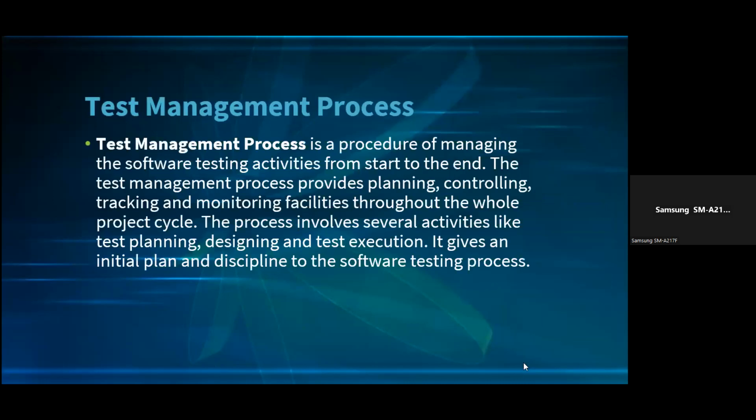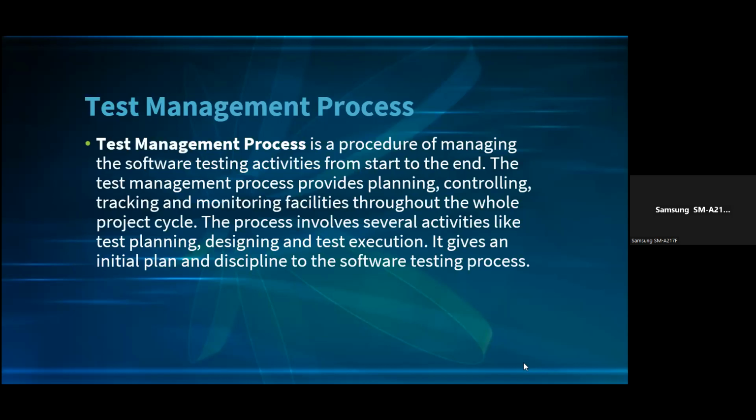So that takes us to test management process. What is test management process? Test management process is a procedure of managing the software testing activity from start to end. So from the beginning to the end, we want to manage it. We want to understand how it is.